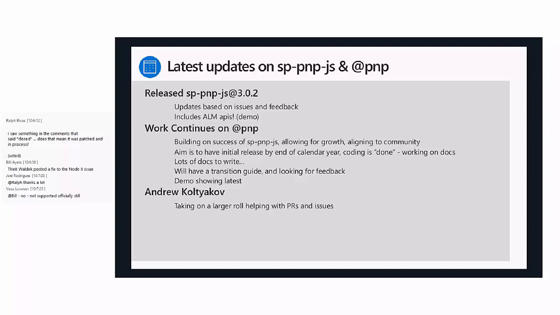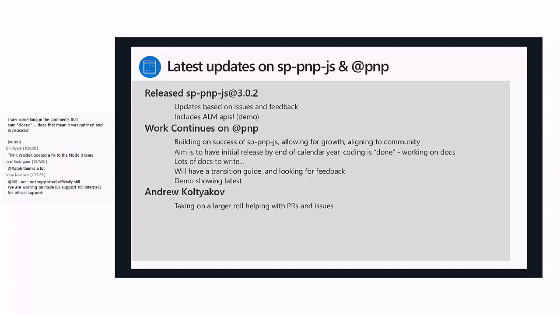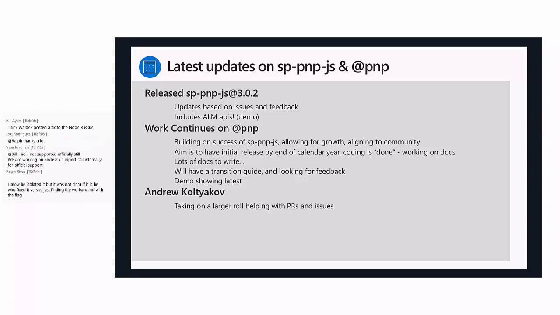And that scope allows us a little bit more freedom to distribute our packages, because we, as a community-driven effort, can't really release stuff as @microsoft. And because we're looking at doing stuff that isn't necessarily always SharePoint, it didn't seem right to be releasing stuff under @sharepoint.